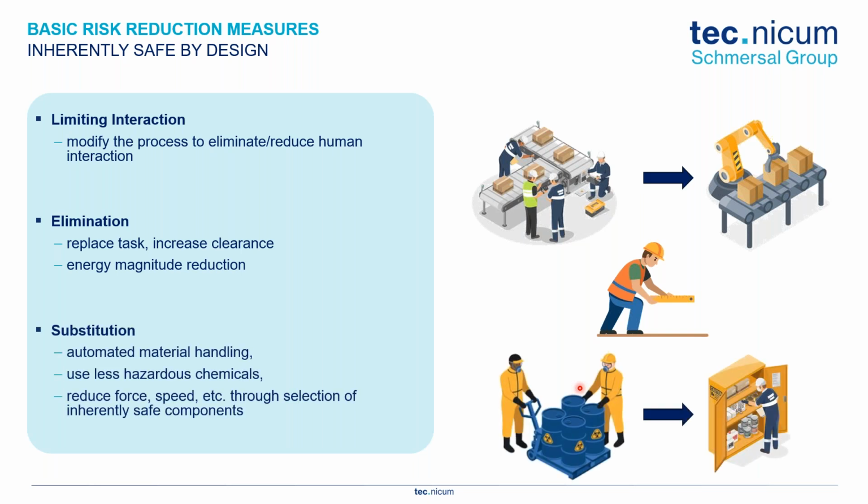The other option here would be substitution. Can we look at a hazard that's on this machine or with this process, and can we substitute it? From the standard, they mentioned having an automated material handling process be substituted, using less hazardous chemicals, reduced forces and speeds through inherently safe components.